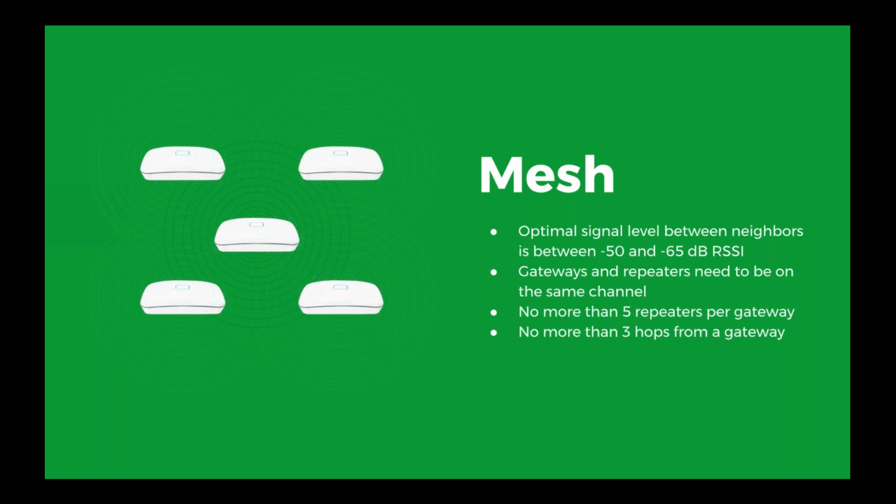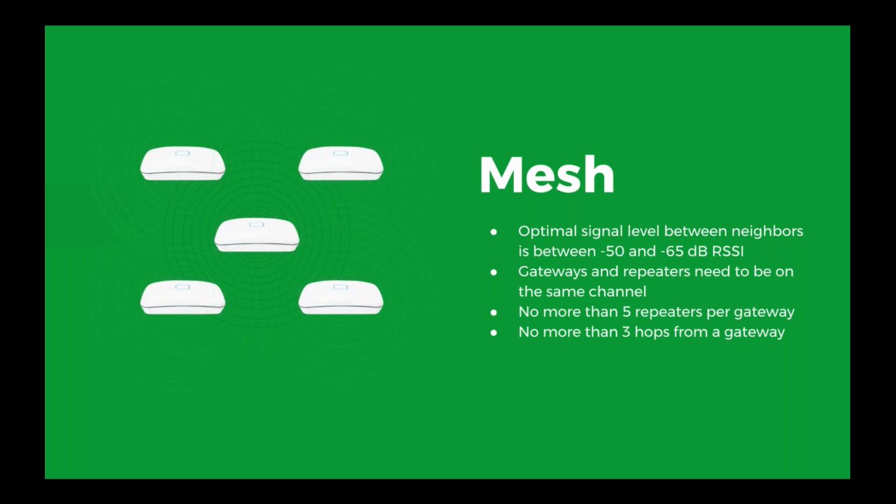And because it is a walkie-talkie, the gateway talks and the repeater receives, and then the repeater has to repeat that signal on its own walkie-talkie out to the clients or out to another repeater. And so because of that, it can get pretty noisy pretty quickly. And so we don't recommend more than 5 repeaters per gateway. And then you don't want to have more than 3 hops away from that gateway.